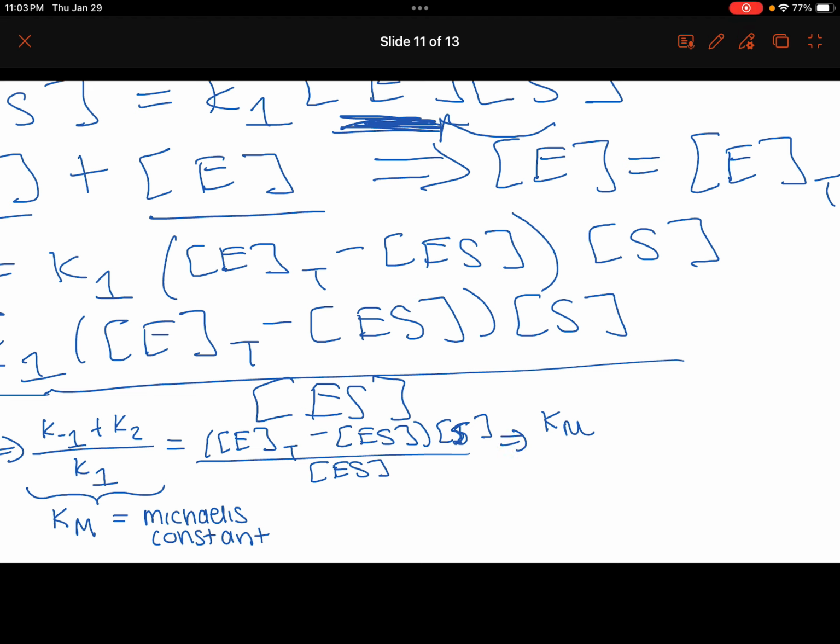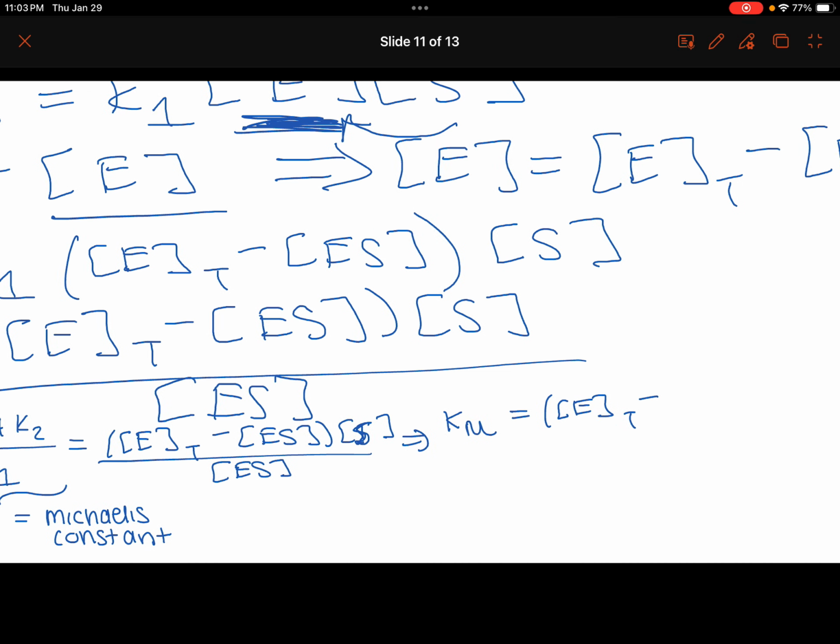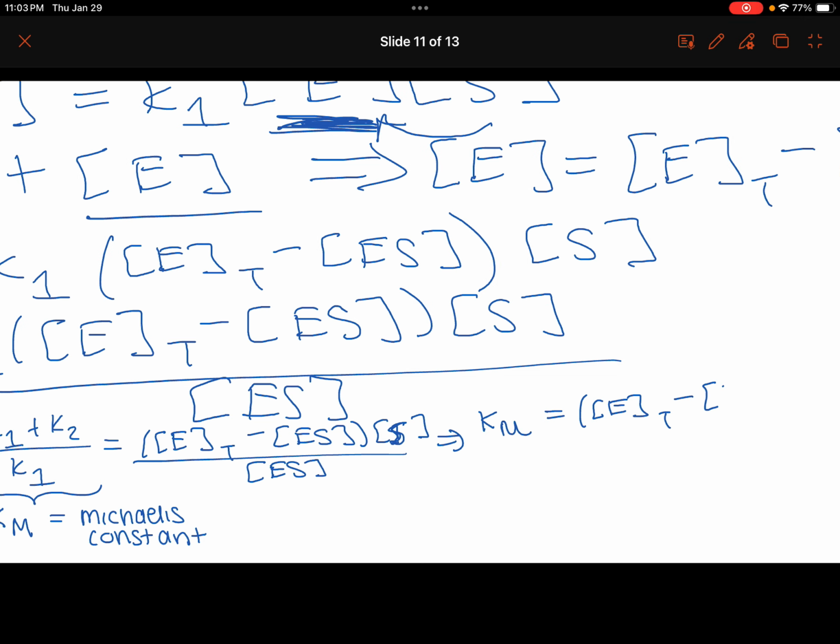So another arrow. So now we're going to multiply this over to this side. So multiply both sides by our enzyme substrate complex, so that'll cancel on the right.